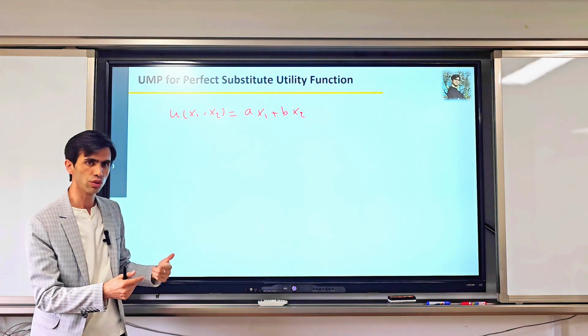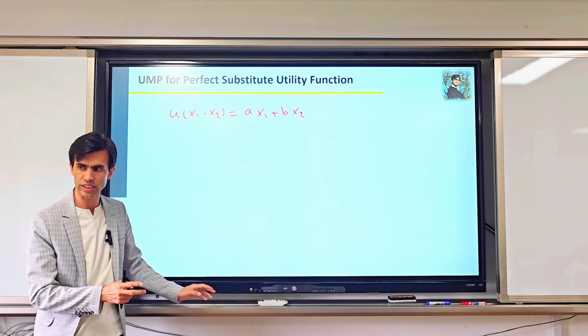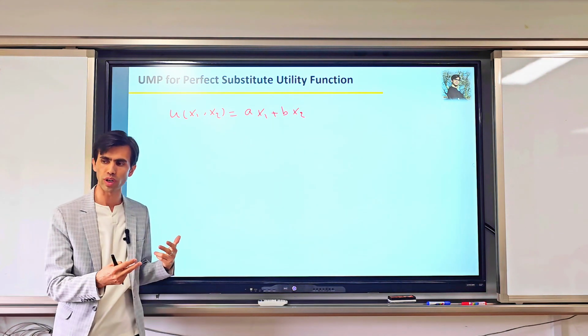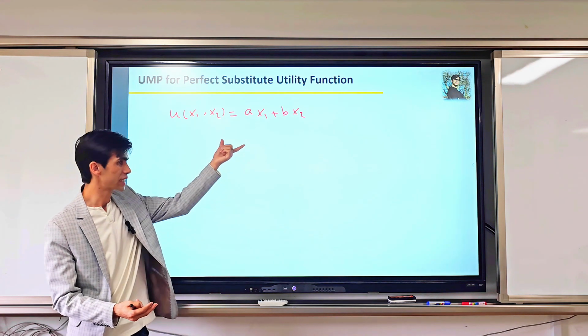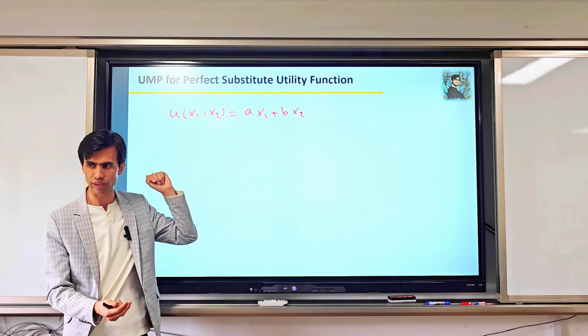In order to use the Lagrangian, we need to know the second order condition, or the function should be twice differentiable. If we use that method here, what will happen?